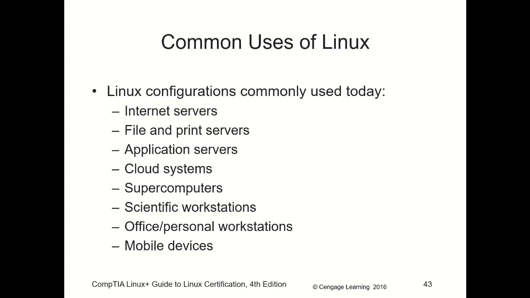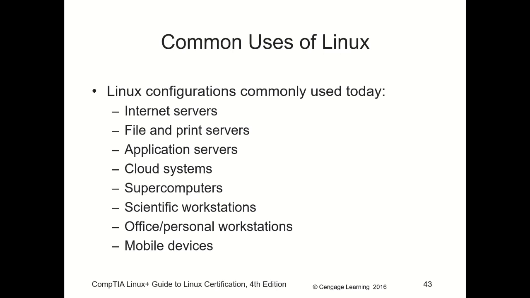Linux configurations commonly used today: internet servers, file and print servers, application servers, the cloud systems. They are used overwhelmingly in the supercomputers. Scientific workstation: Linux is extremely important, extremely popular among the scientific researchers.